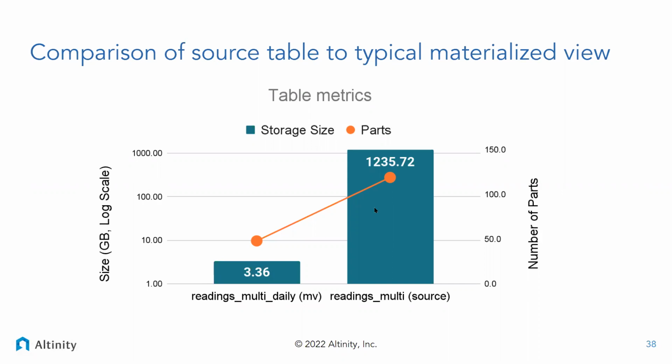So it's sort of many times smaller. The other thing that's kind of interesting is it has a smaller number of parts, and this is an example of why not correctly partitioning that materialized view could bite you. One of the reasons is that as the data is being added from the source table, when blocks are inserted, it will just get randomly thrown into different partitions, and it causes ClickHouse to rewrite the data.